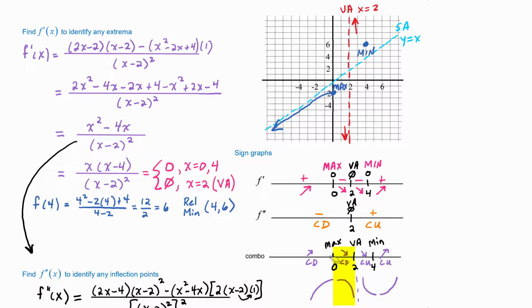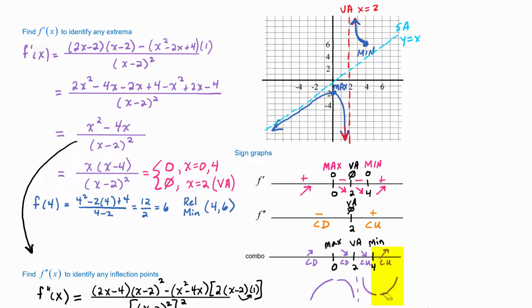Then from that max until the vertical asymptote, it has to have a shape of decreasing and concave down, which ties in with what we already knew, where the graph would have to be going to negative infinity here. Then from 2 to 4, it's decreasing and concave up, which would be this shape here.